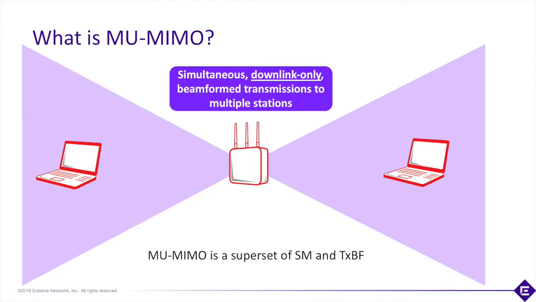And that is what is going to change in 802.11ax, it's actually going to be able to do uplink as well. And multi-user MIMO is a superset of spatial multiplexing and transmit beamforming. What I mean by that is you can actually use both spatial multiplexing and transmit beamforming within multi-user MIMO.